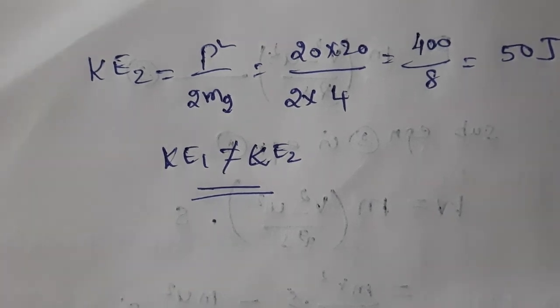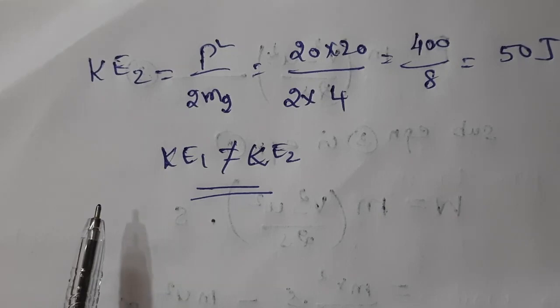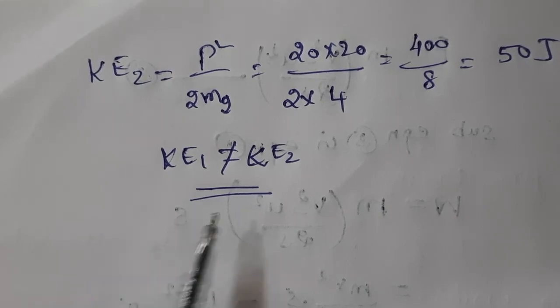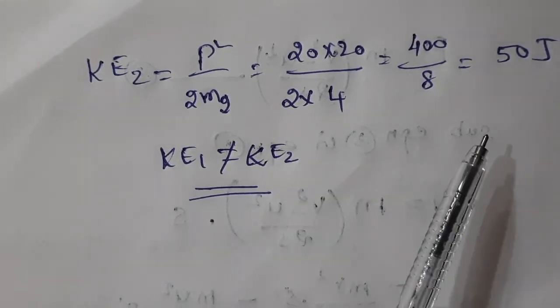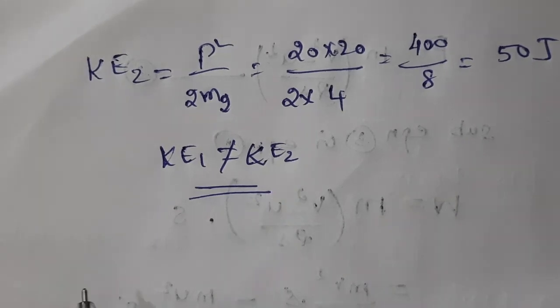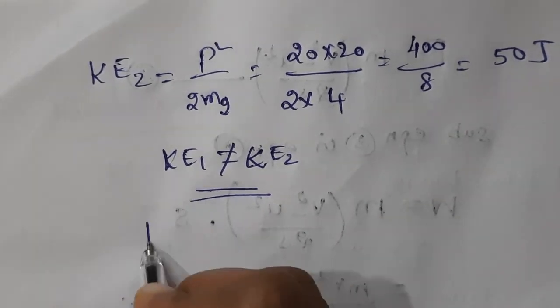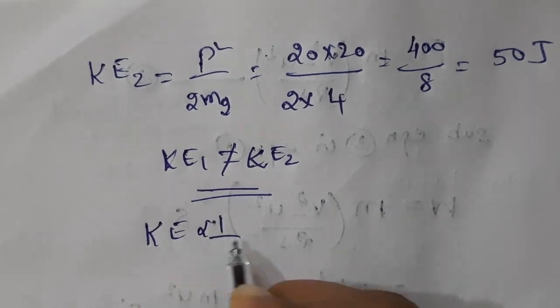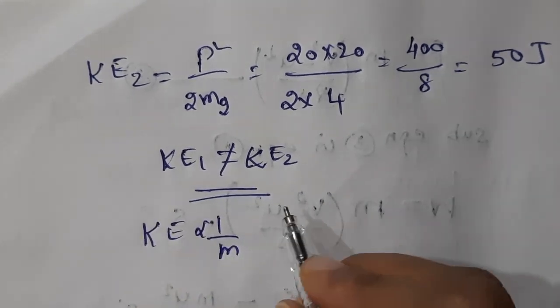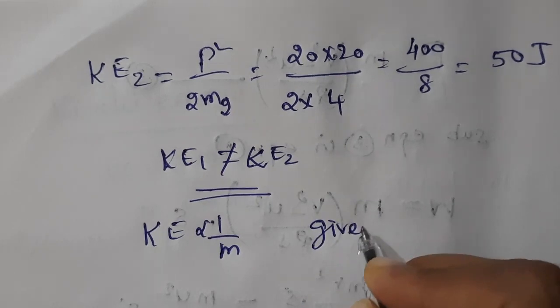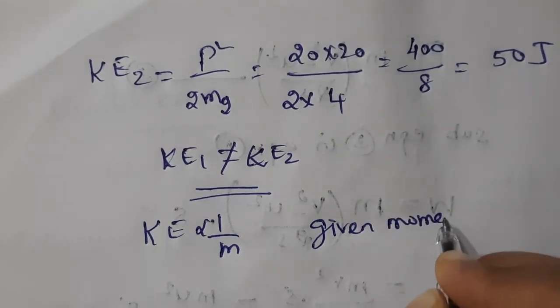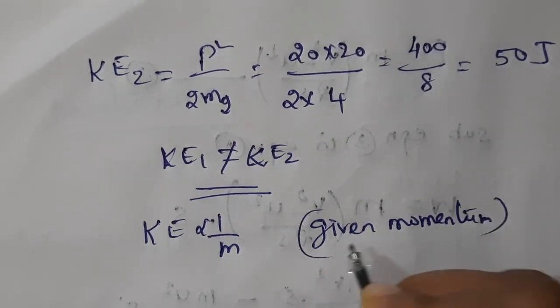For 2 kilogram mass we get 100 joule, but for 4 kilogram mass we get 50 joule. So kinetic energy is inversely proportional to the mass for a given momentum. For a given momentum. Understand carefully.